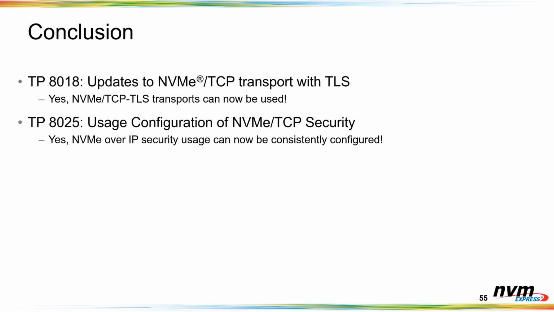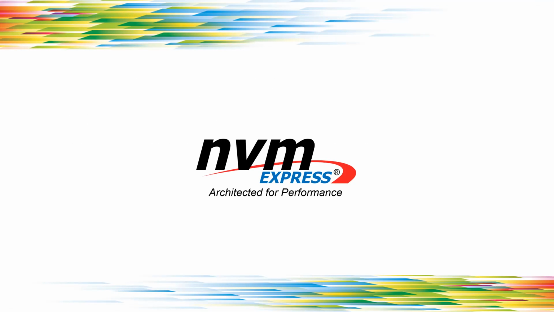TP8018 and TP8025 resolve those issues. Now we are fine. Now we can properly configure security. We can use TLS transport in the proper way. The security architecture for NVMe-oF is complete and practically deployable. And that's it.